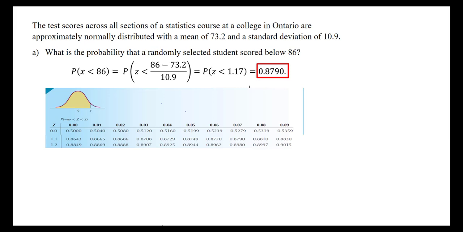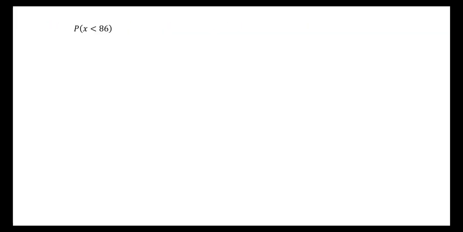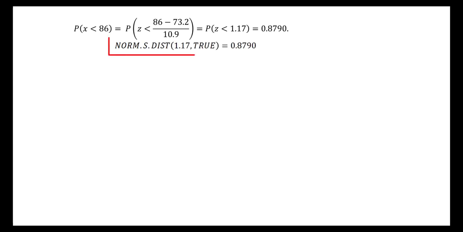0.8790. I can similarly do this by finding that area using Excel. After translating from X to Z, and I use Excel, I go to any cell in Excel and type NORM.S.DIST. I put in that z-score value and then TRUE.